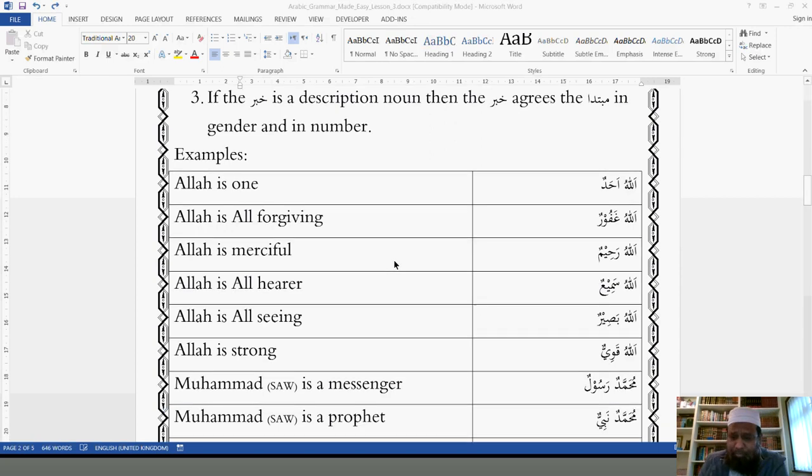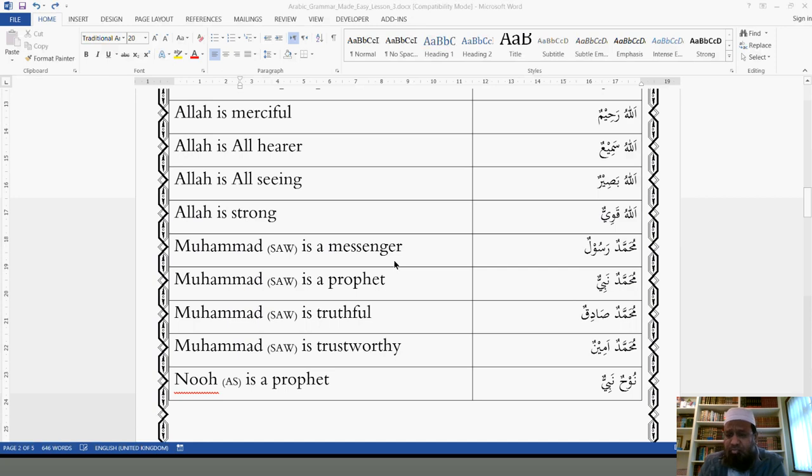Muhammad sallallahu alaihi wasallam is a messenger. Muhammadun Nabiyyun, Muhammad sallallahu alaihi wasallam is a prophet. Muhammadun Sadiqun. All these are description isms, and they follow the mubtada in gender and in number.